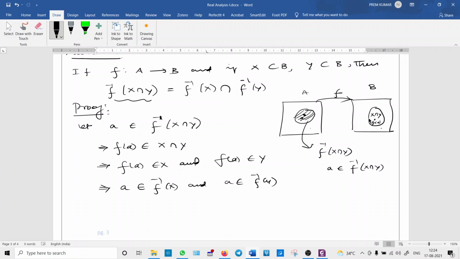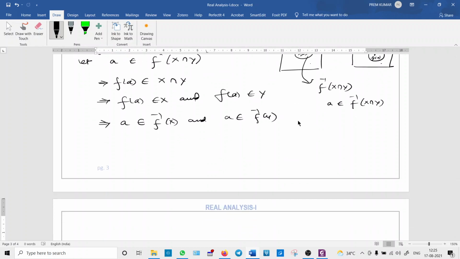Same thing. Suppose this is a, this is b, and what way is this taken? F of a belongs to X. Suppose this is my X, and suppose this is f of a.